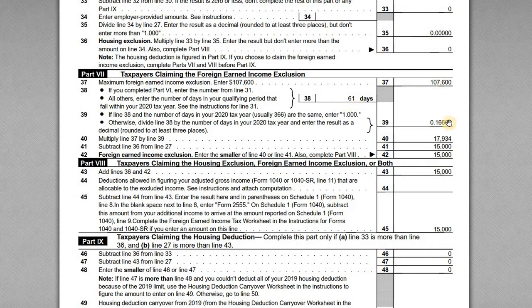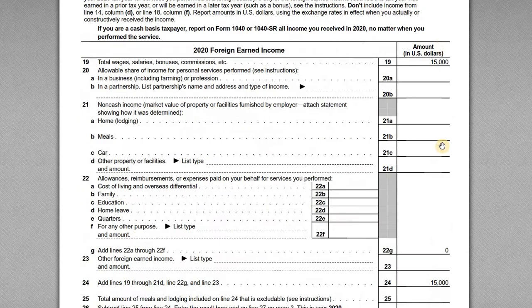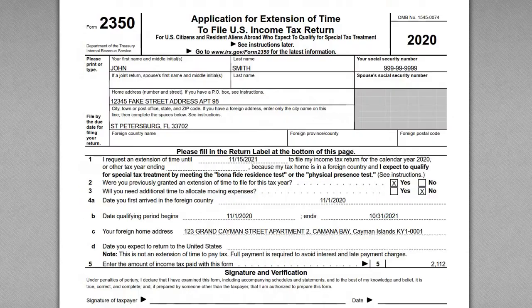So when you prorate the exclusion here, the total available he has for that year is $17,934, and the amount of actual foreign earned income he had, that $15,000, falls underneath the exclusion amount. So all of this amount that he earned in Cayman will be exempt from federal income taxes because he qualifies for that foreign earned income exclusion. Right? So that's effectively how this works, and that's why the 2350 is so important.